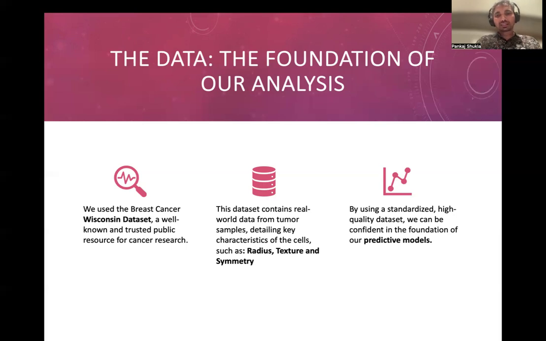It had characteristics like radius, texture, and symmetry of the cells, and the outcome as well, which is whether these attributes correspond to a benign or malignant tumor case. With this information, we decided to build a predictive model.